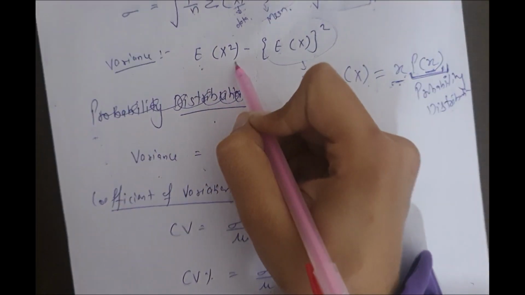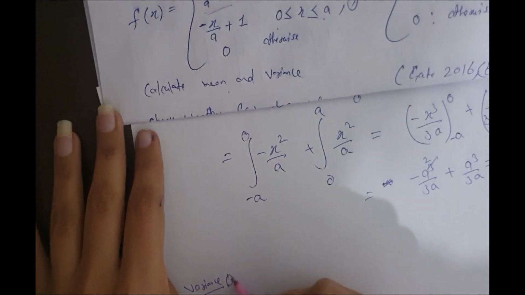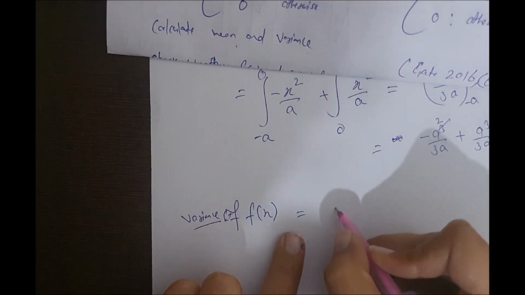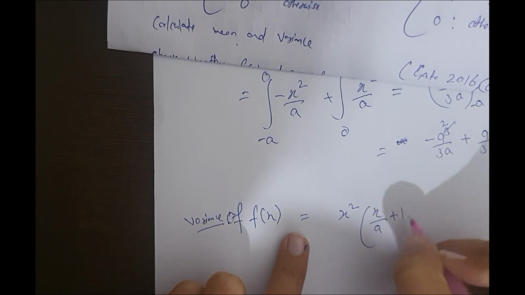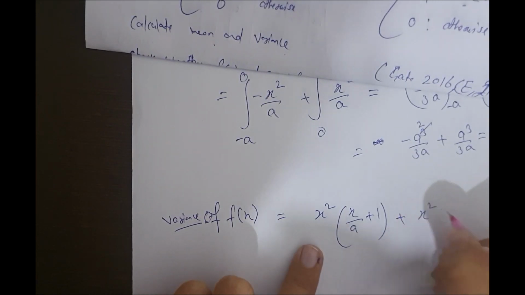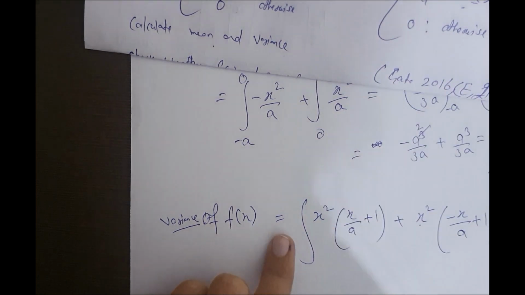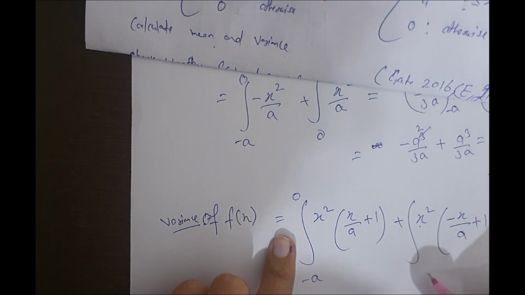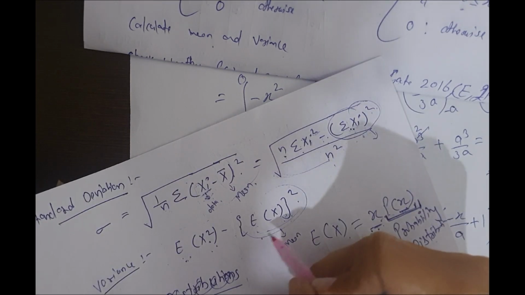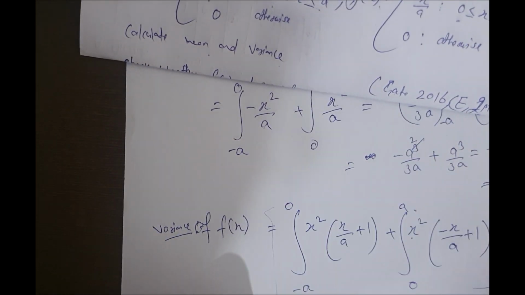Variance is E(x square) minus mean square. Here mean is 0. Firstly, variance of f(x), that is x square into f(x) plus x square into f(x), now its limits from minus a to 0. Similarly, its limits from 0 to a, minus mean square. Here mean is 0, so minus 0.